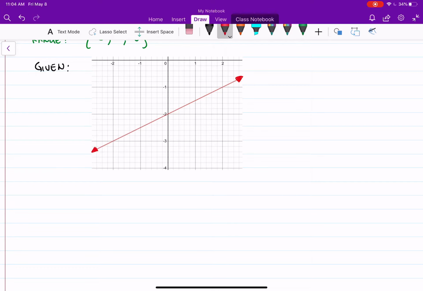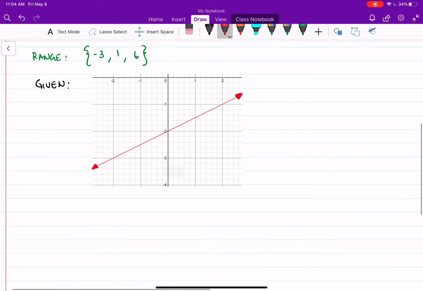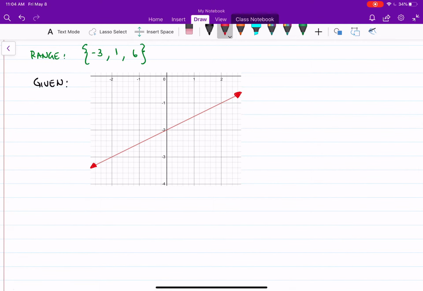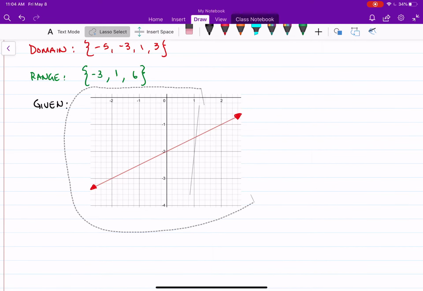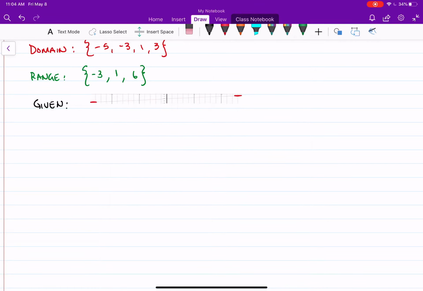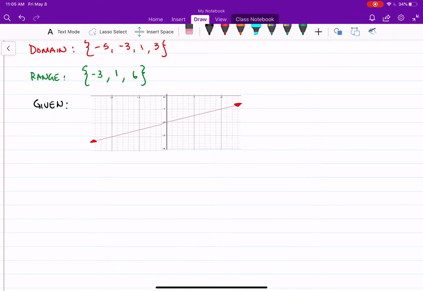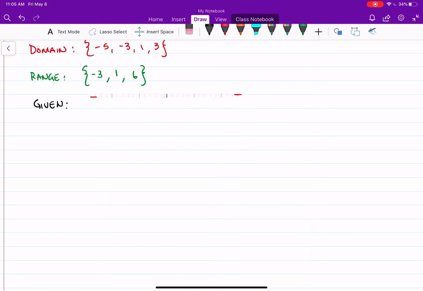So since the domain only cares about the x values, I think of it this way. I want to squish this until it's totally flat, just pointing left and right. Everybody see that? So I'm going to squish this so that it only points left and right, which is my x values.